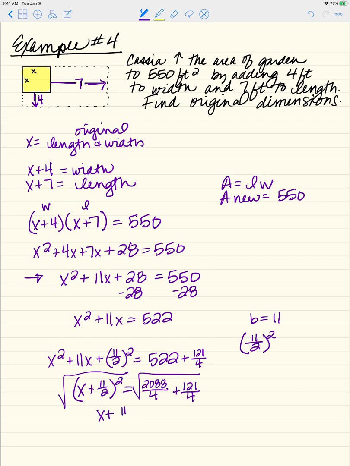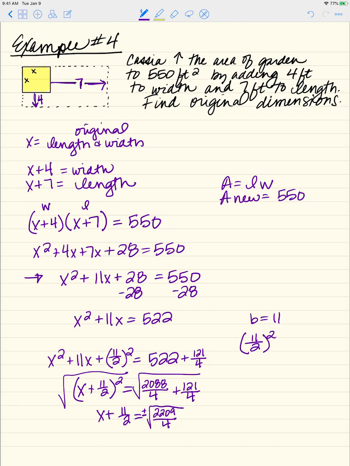X plus 11 over 2 is equal to 2088 plus 121 is 2209 over 4. So it's equal to the square root of that plus or minus, of course.